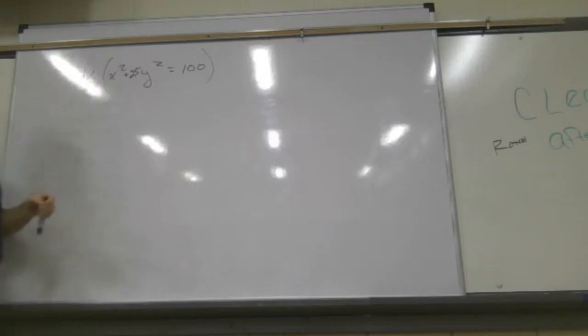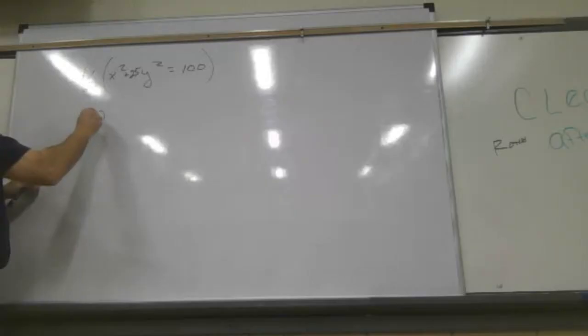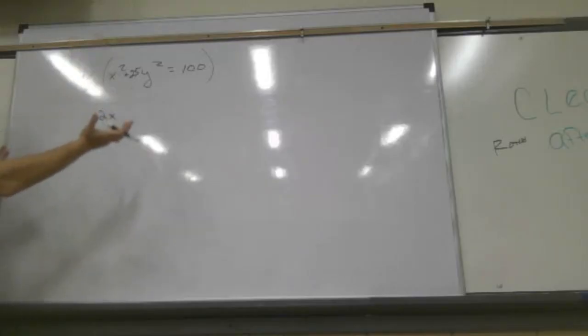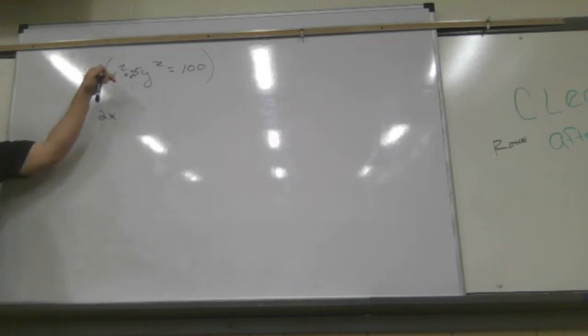So the derivative of x squared is 2x, and that's the derivative with respect to x, so that's the variable, so we're good there, right?